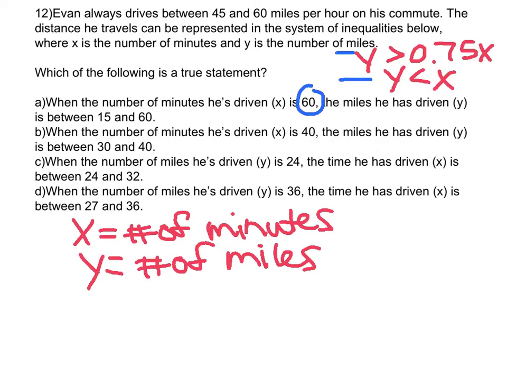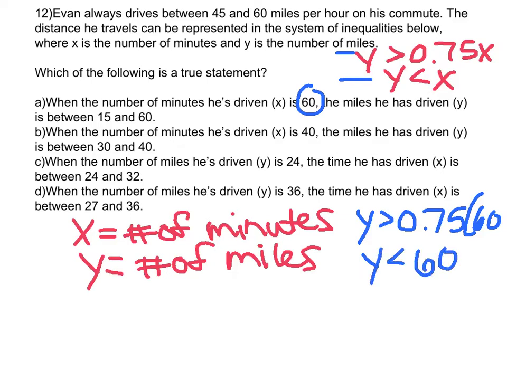If I would do that, I would have 0.75 times 60, and then I would also have y is less than 60. So if you took the 0.75 times your 60, you're going to get 45. So it says that y is greater than 45 and y is less than 60.